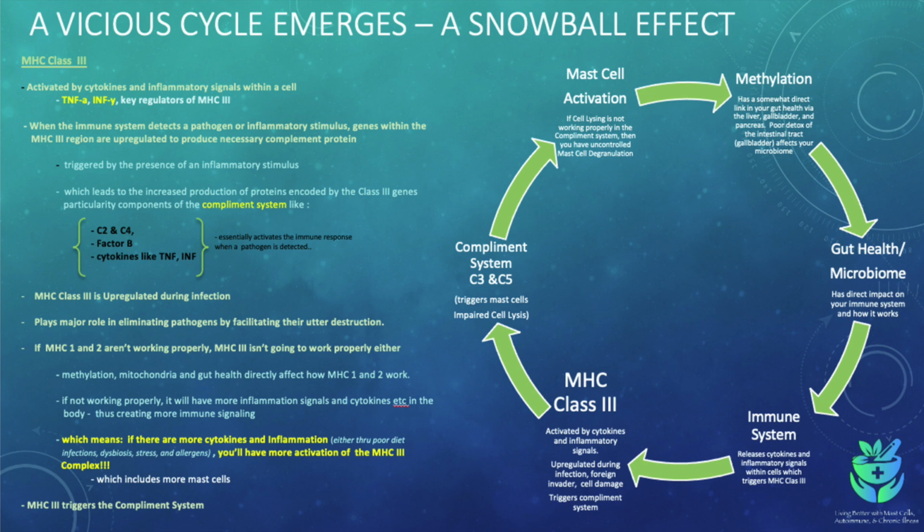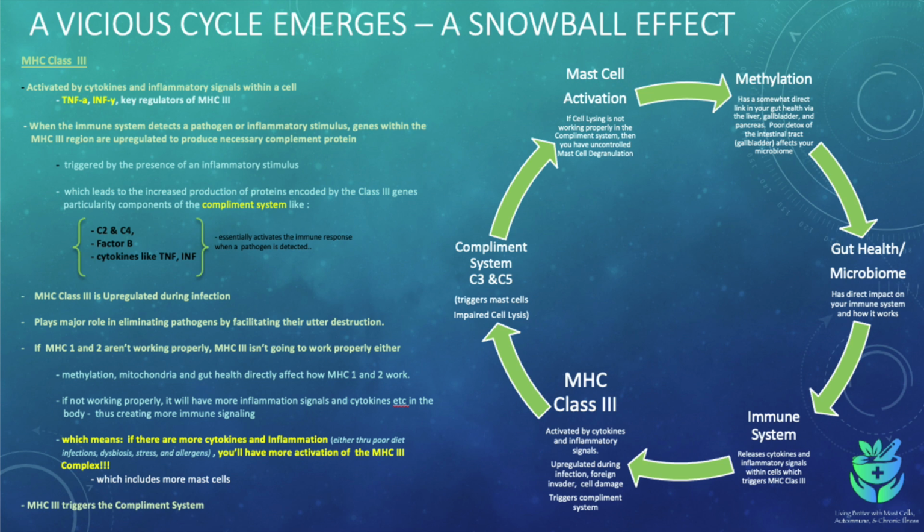So it's working with your complement system, and your complement system is coming in to help. This leads to the increased production of proteins encoded by the class 3 genes, particularly components of the complement system like C2 and C4, factor B, and cytokines like tumor necrosis factor and interferons, which is essentially activating the immune response when a pathogen is detected.